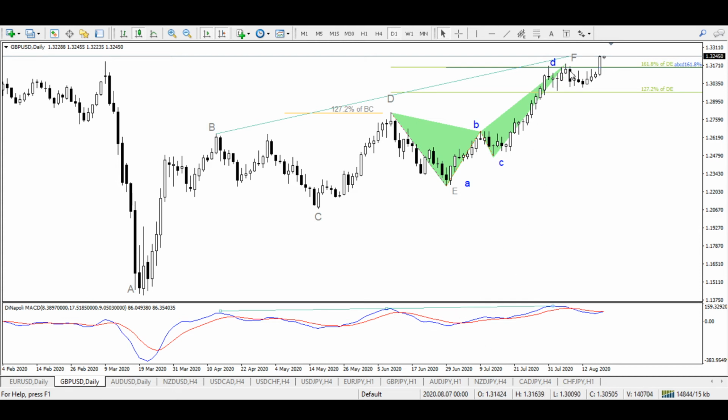So there was still hope that this butterfly at least could work, and we could get a 30% retracement of this move from E to F. But it also did not take place, and the entire bearish context has been removed after today's close well above the point F. So what do we have now?